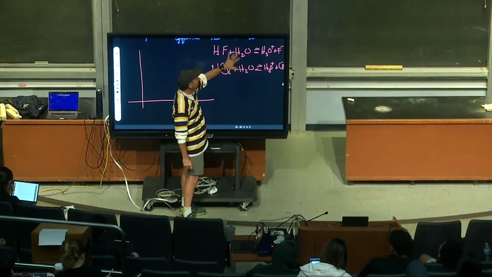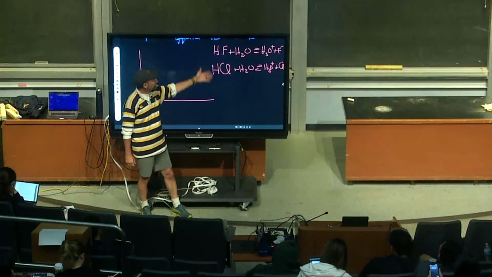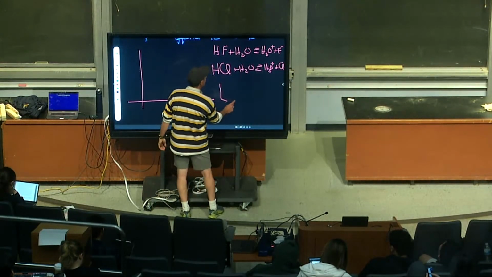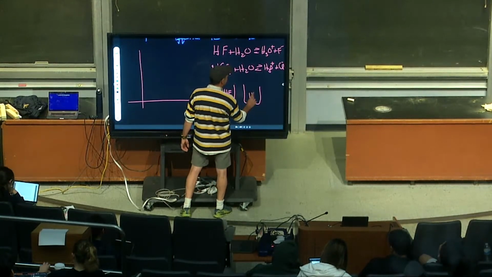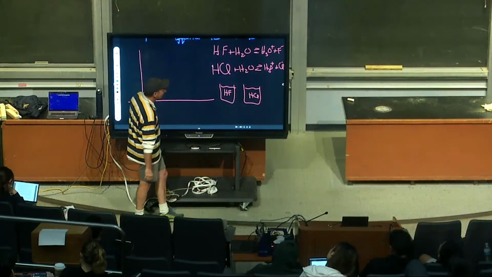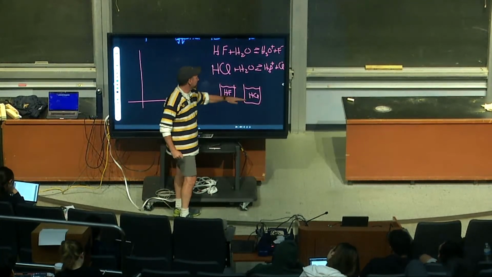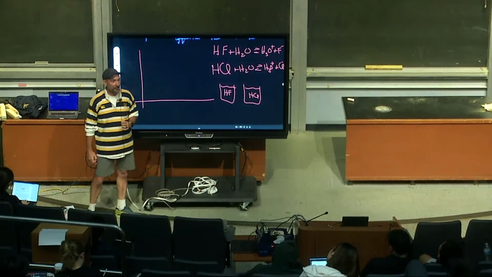Let's say we put those in 2 separate beakers. So here's a beaker with HF. Here's a beaker with HCl. And if I put the same number of moles of HCl and HF in there, which will have the higher pH?